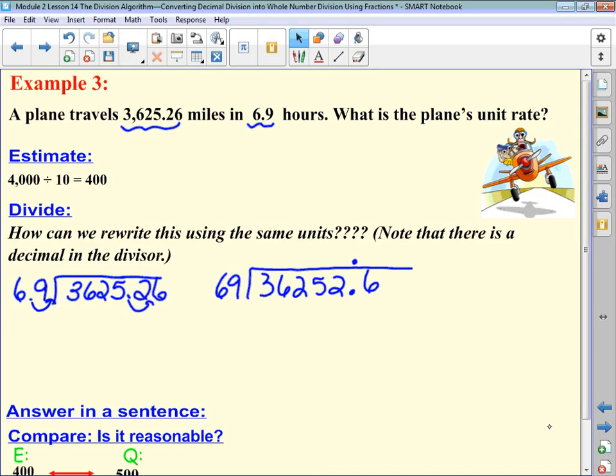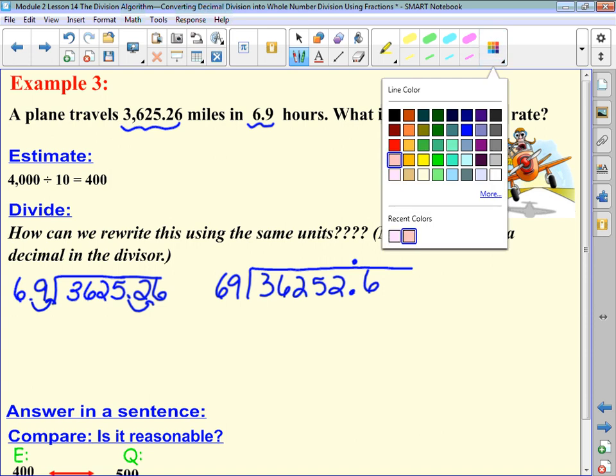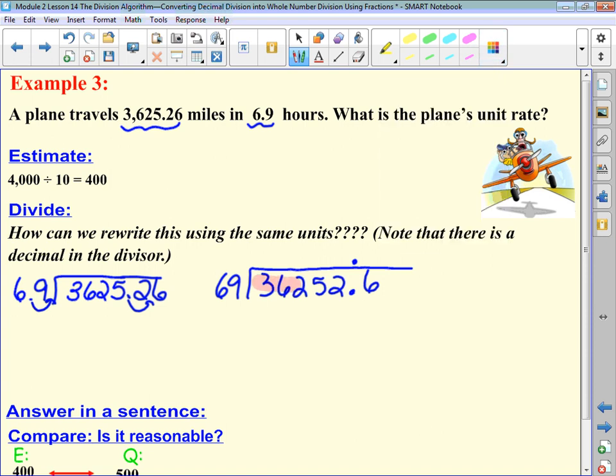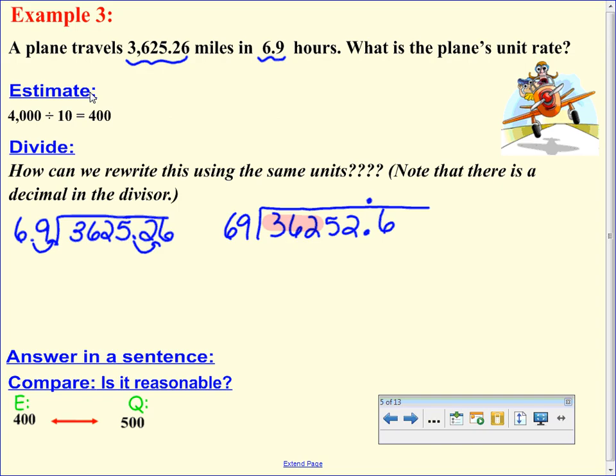If you want to use your highlighter, that can help you too. 69 does not go into 3, does not go into 36, but does go into 362. So how many times does 69 go into 362? 5 times. 345. Go ahead, keep going.